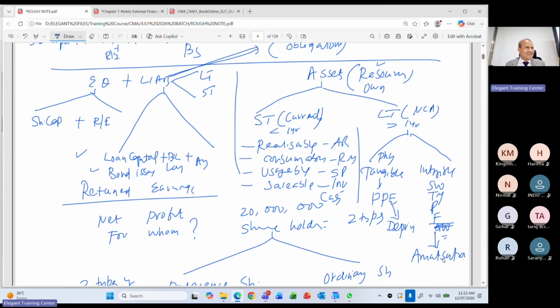Expense, right? Now tell me, what is depreciation? Decrease in value. The loss of value of an item due to wear and tear, right? Due to wear and tear. And physical assets or non-current assets are held for use.